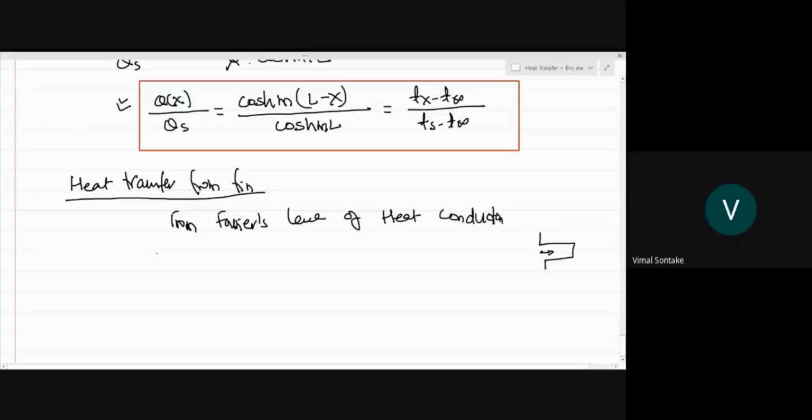So Q fin will be minus K into AC, because the cross-sectional area of the fin will be normal to heat flow, and dTx over dx, and this is at x equal to 0.